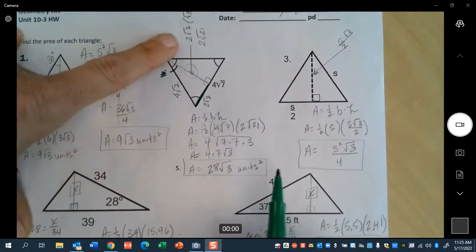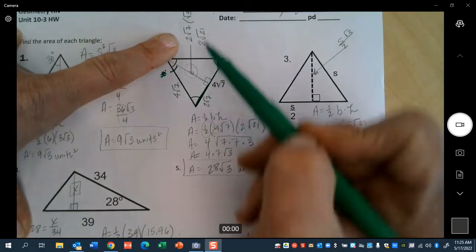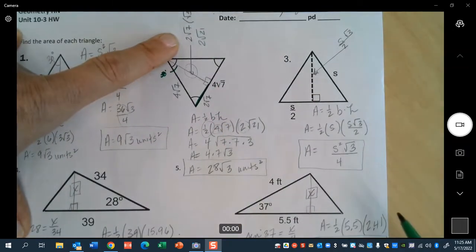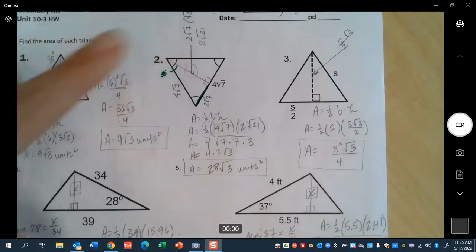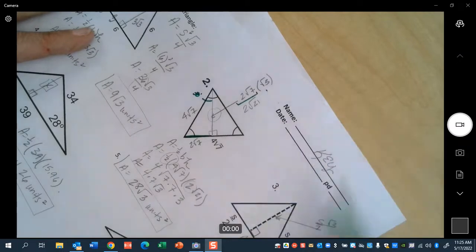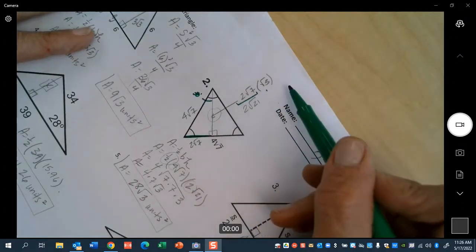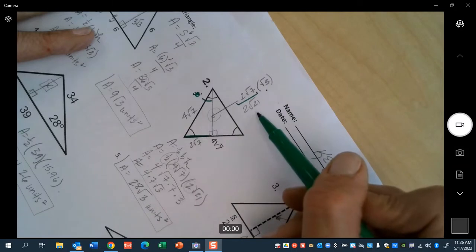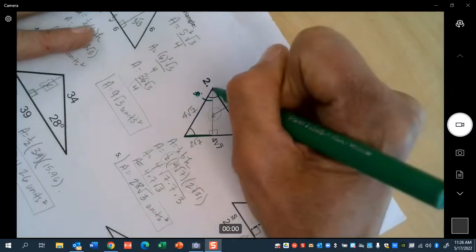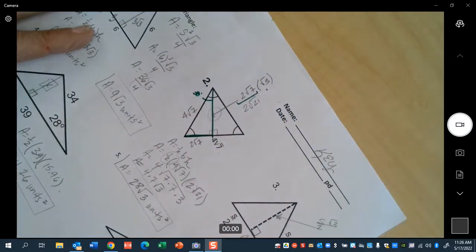So I knew that this side here was going to be the short leg times square root of 3. Here's my x root 3. Do you see it here? Here's my side length times root 3. When I'm multiplying radicals, root 7 times root 3 is root 21. So this height here is going to be this 2 root 21. Does that make better sense now?